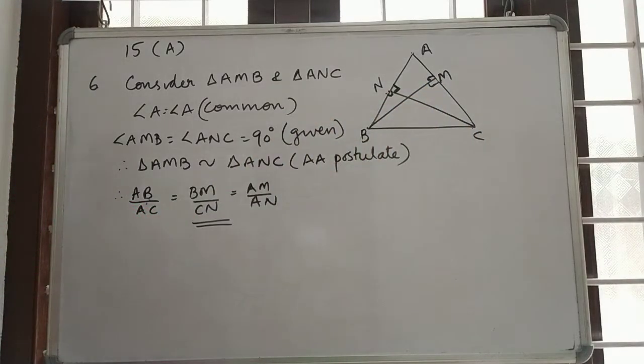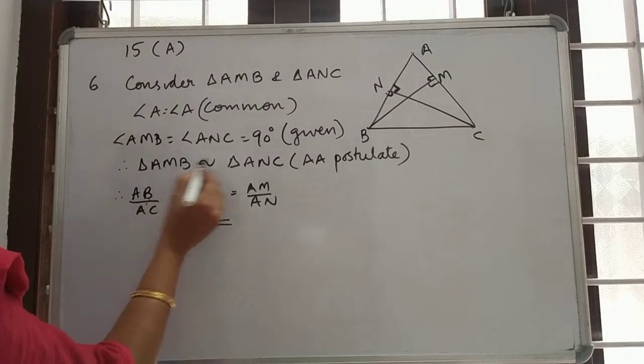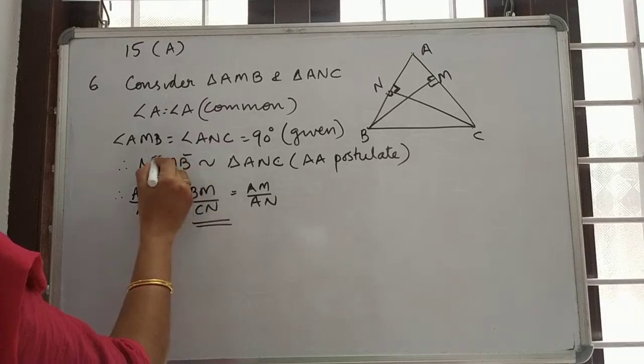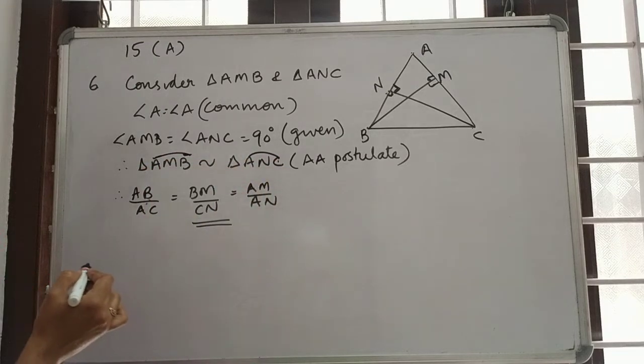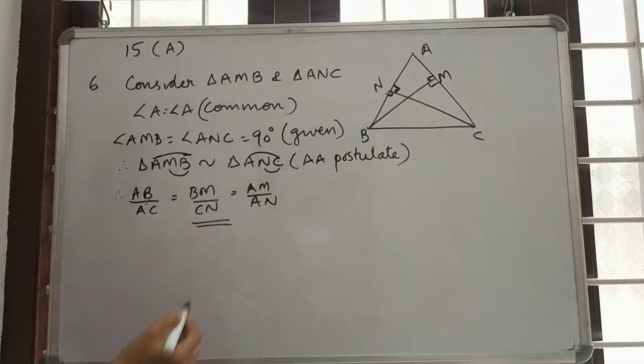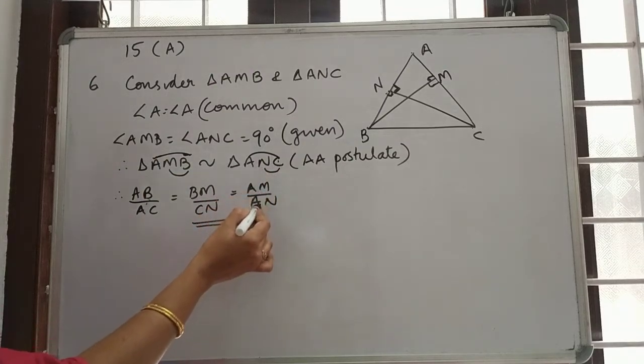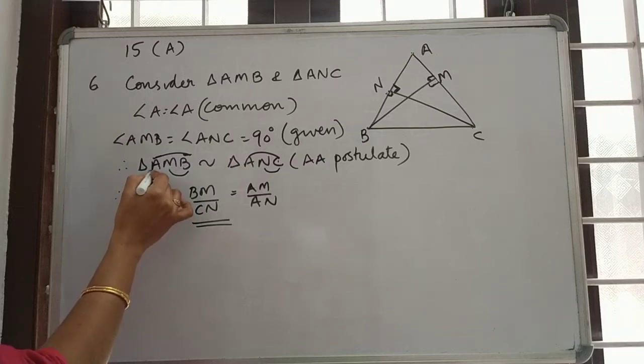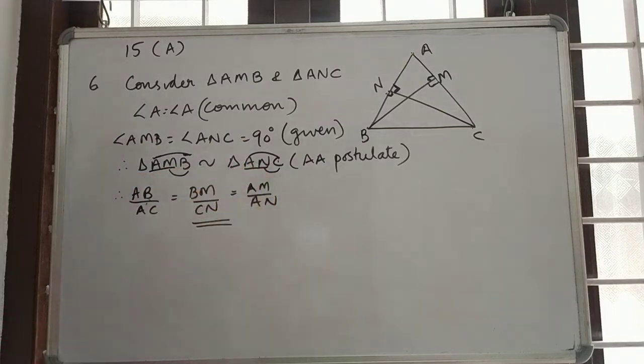So we can write triangle AMB is similar to triangle ANC using the AA postulate. Since these two triangles are similar, we can write AB divided by AC is equal to BM divided by CN, which is equal to AM divided by AN.